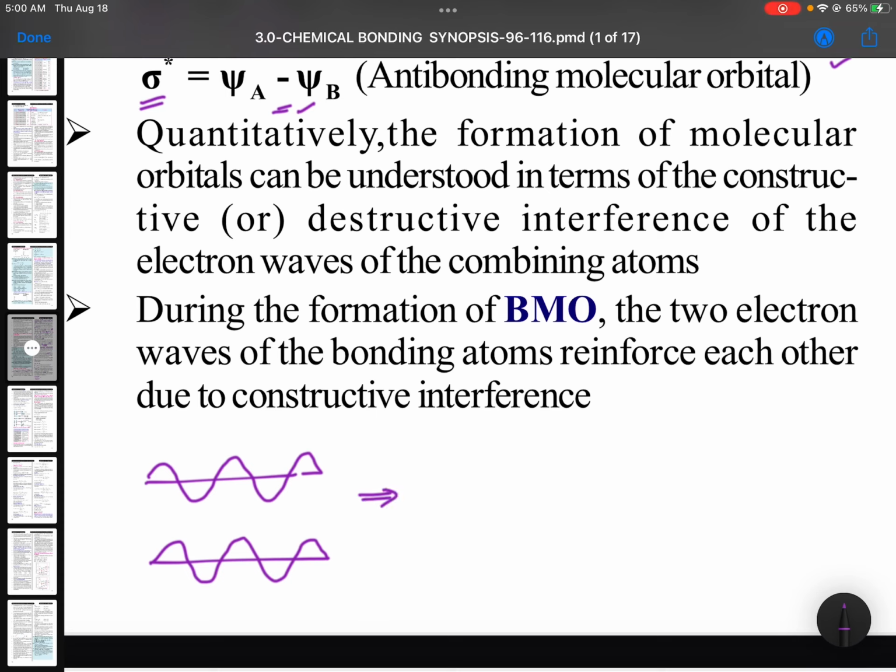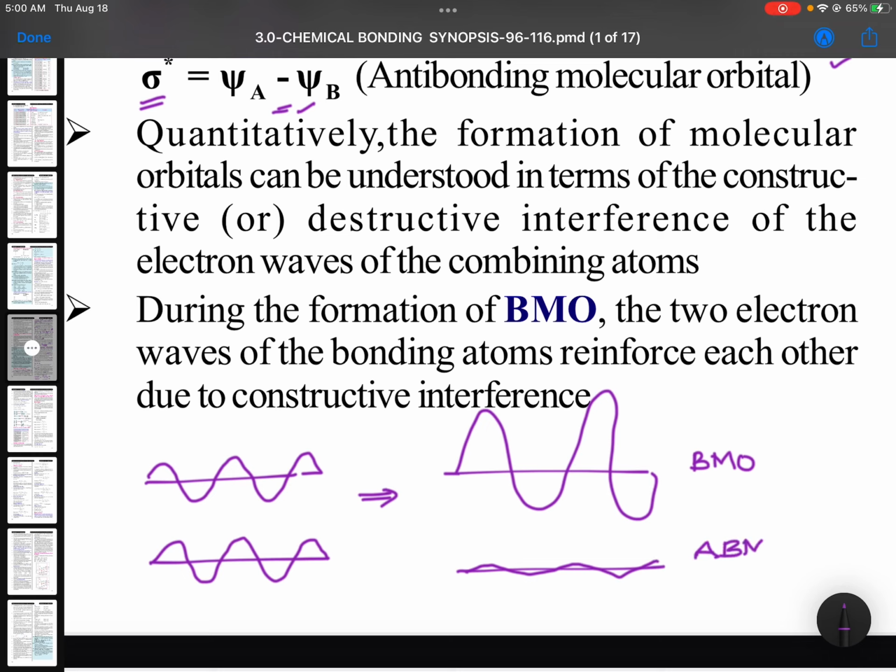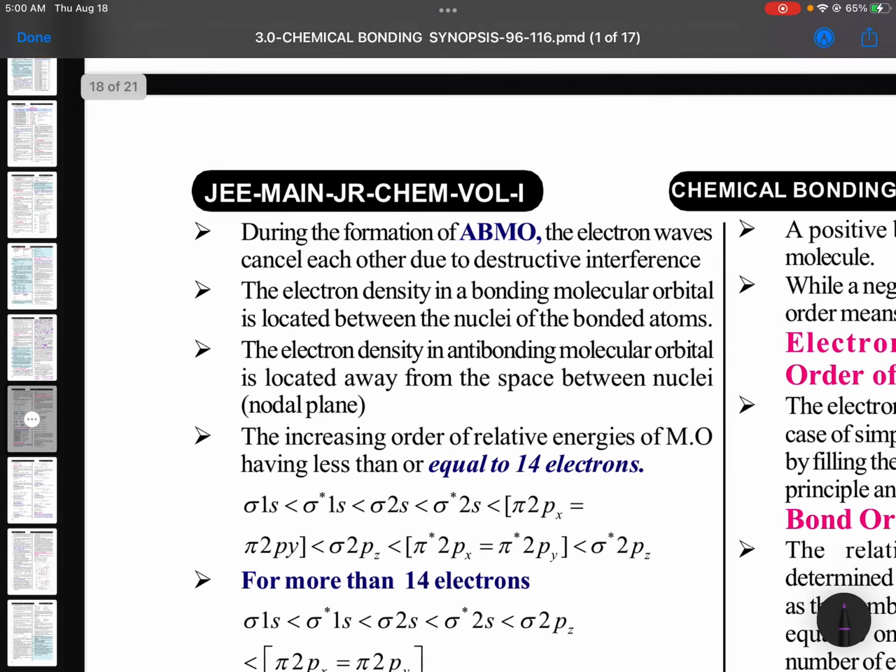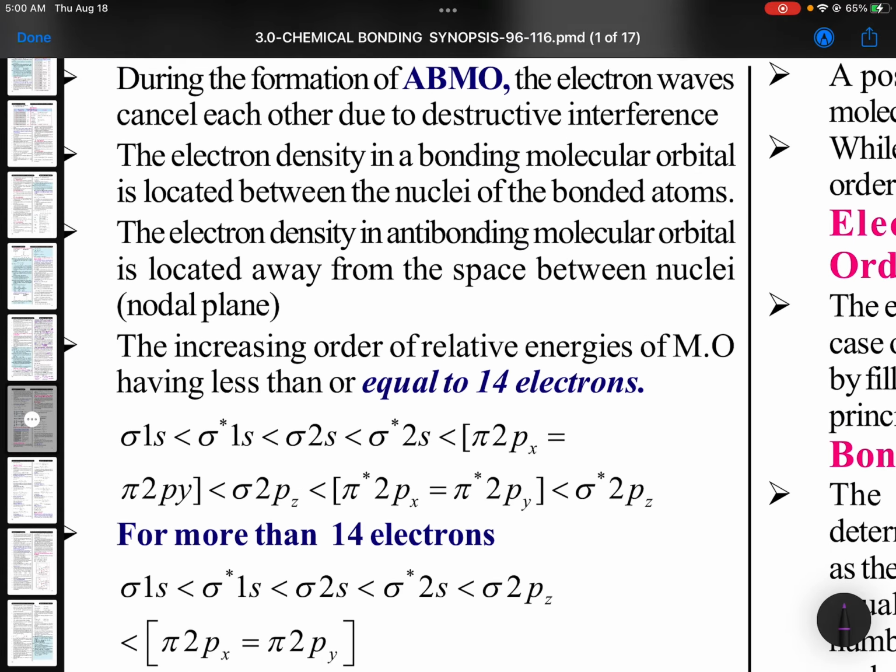Now, this is the bonding molecular orbital, addition of the wave functions, and this is the anti-bonding molecular orbital, subtraction of the wave functions. This is psi A plus psi B, and this is psi A minus psi B. During the formation of anti-bonding molecular orbitals, the electron waves cancel each other due to destructive interference.